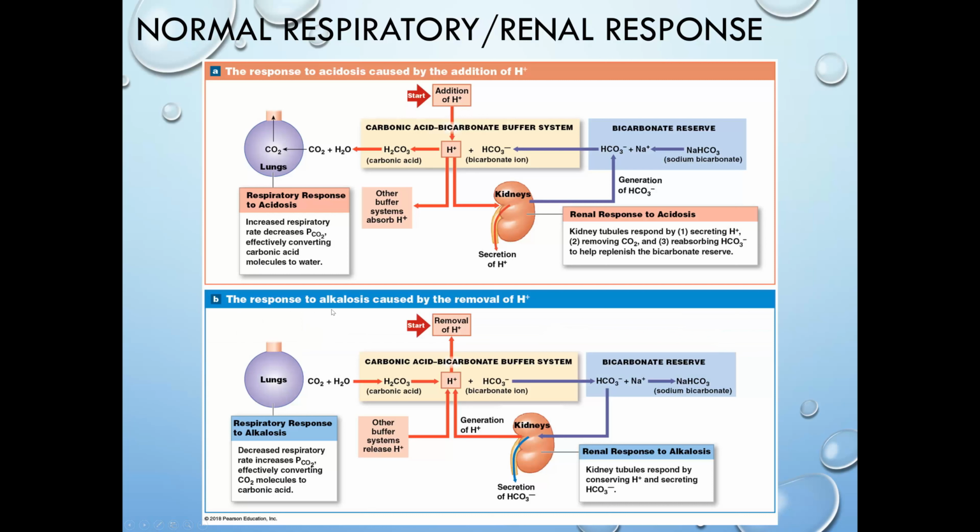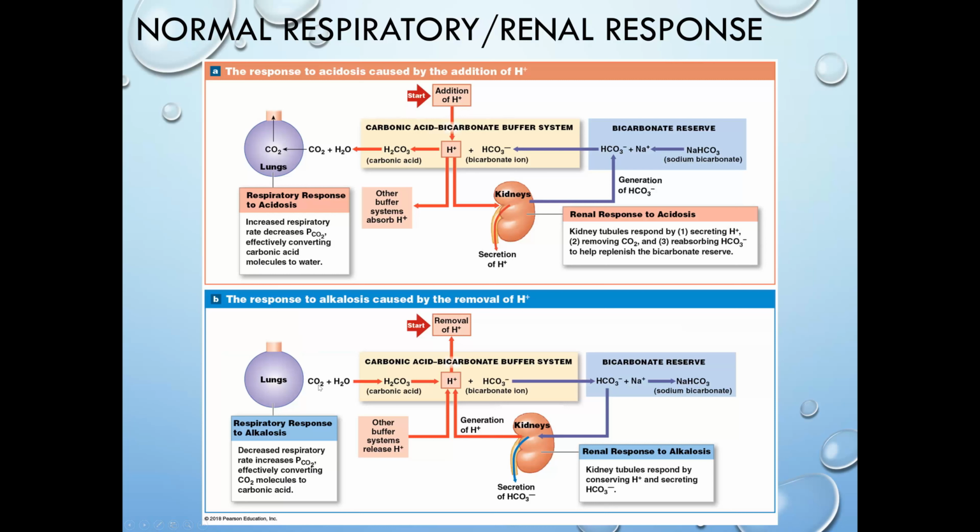And then the response to alkalosis, which would be an increase in pH. And in alkalosis, we don't have enough hydrogen ions. So basically, it's the opposite of what was above. So now we don't have enough hydrogen ions, so we can slow our breathing rate. If we slow our breathing rate, that allows CO2 to build up in the body.